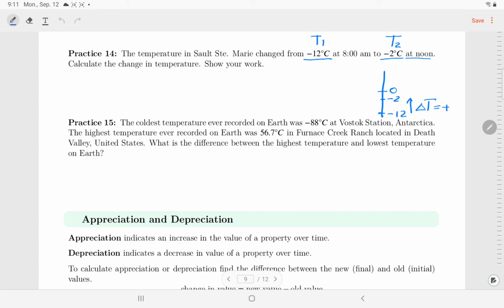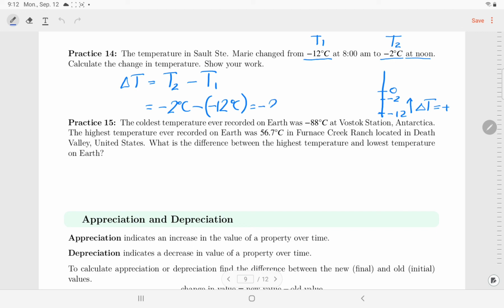So the change in temperature must be positive. To calculate the change in anything, we take the final value and subtract the initial value. So we have negative 2 degrees Celsius minus negative 12 degrees Celsius.